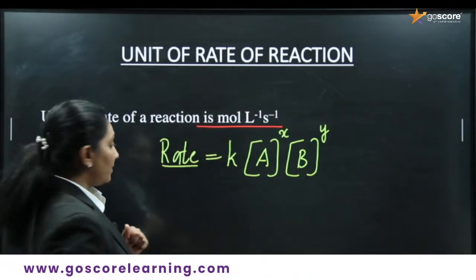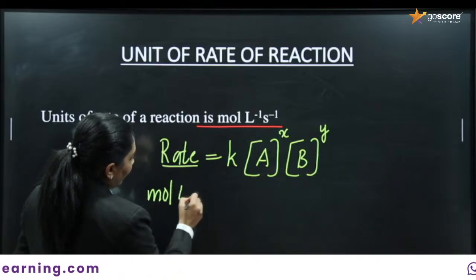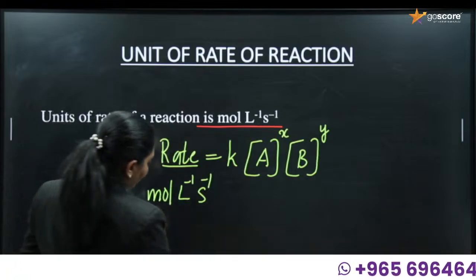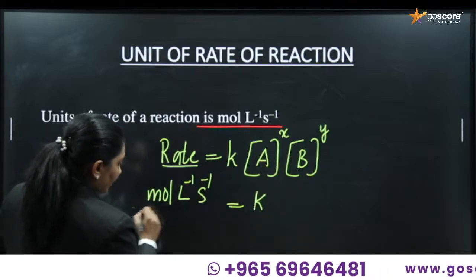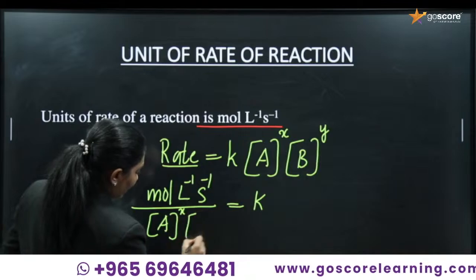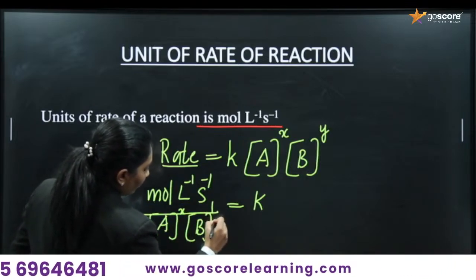Mole per liter per second, that is mole, liter inverse, second inverse. So what is K? K is rate divided by concentration of A raised to X and concentration of B raised to Y.